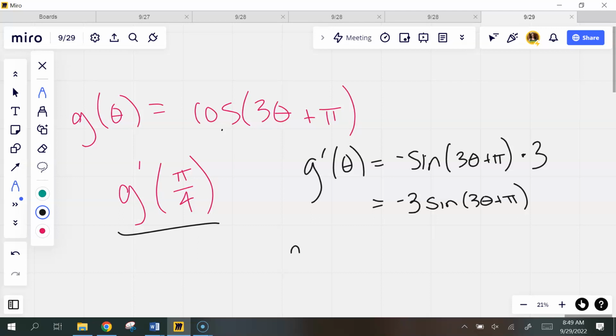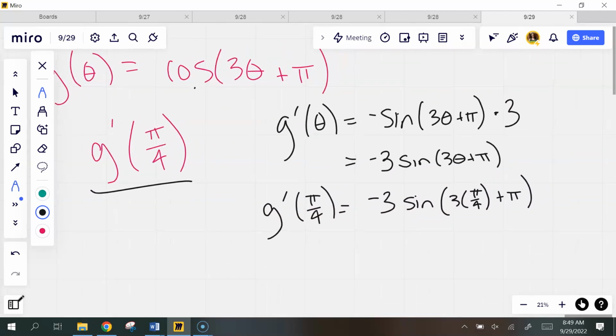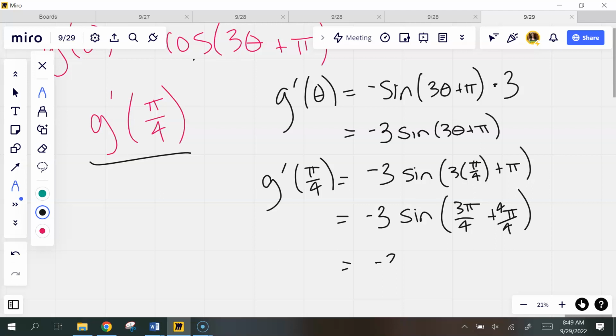So that means negative 3 sine 3 times pi over 4 plus pi. I would probably have my unit circle handy as I tried to do this. 3 pi over 4 plus pi. Is that on your unit circle? It is.